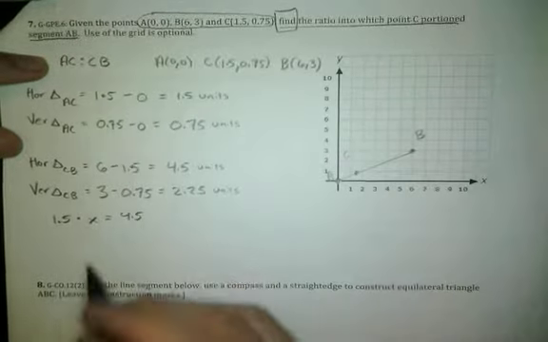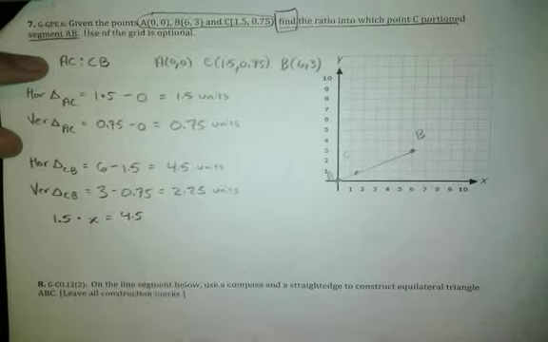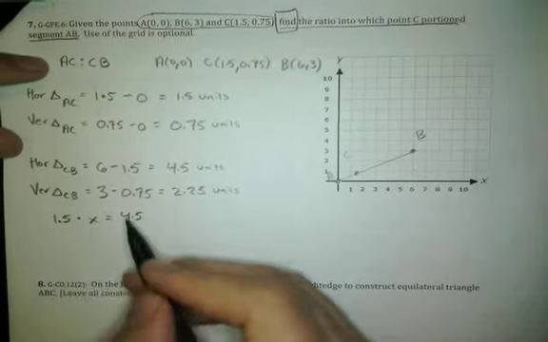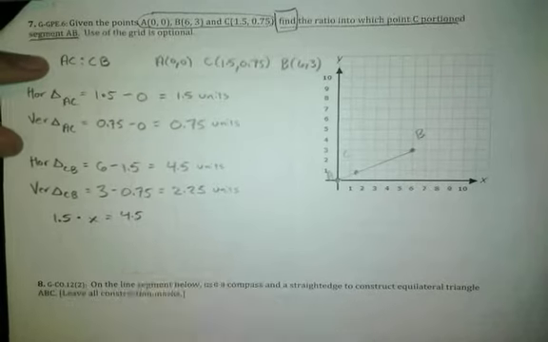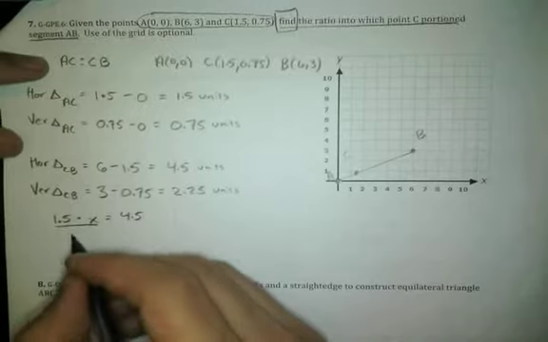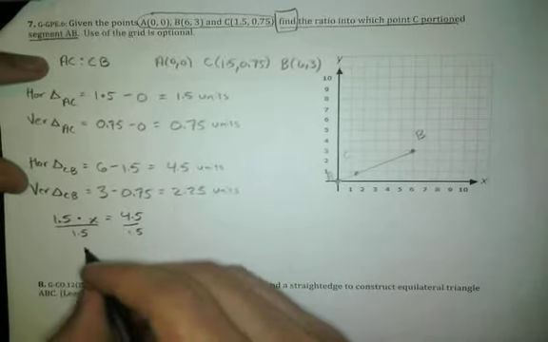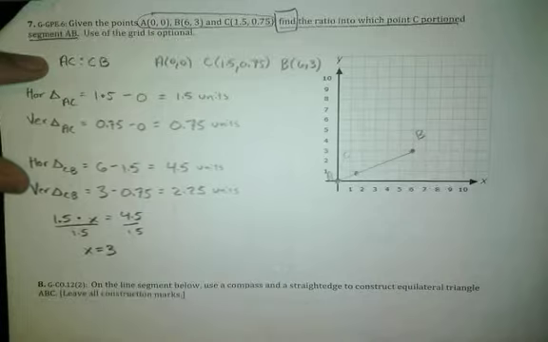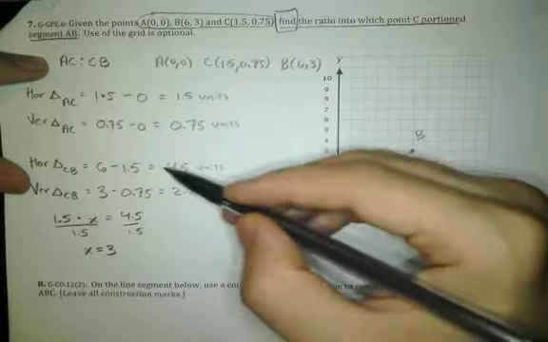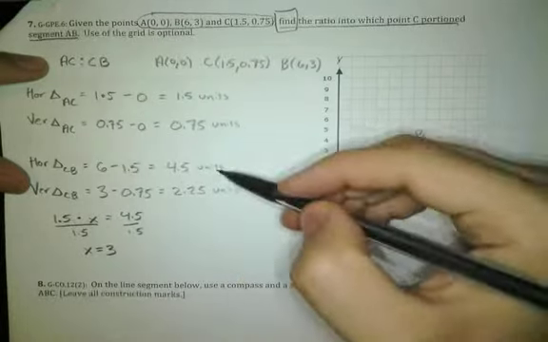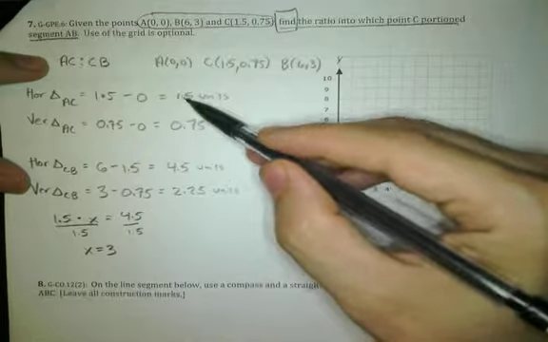So I'm trying to find this number, x, which is how many times larger this is compared to this. So I divide by 1.5 on both sides, and I get that x is equal to 3, which means that 4.5 is 3 times larger than 1.5.